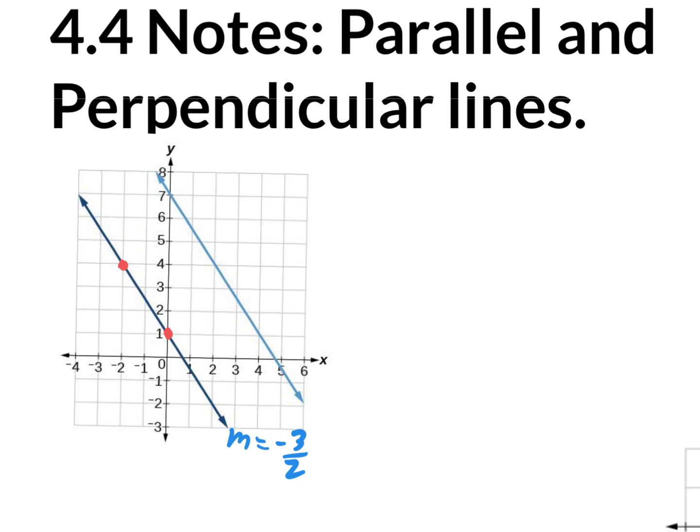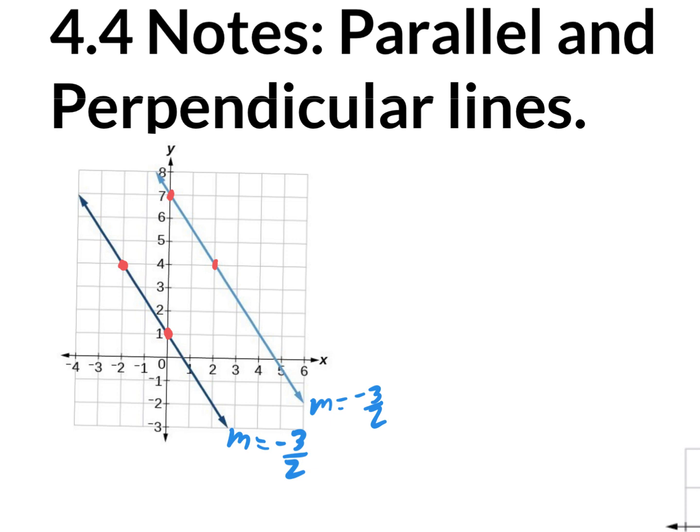And on this one over here, if I pick nice points, this nice point up here, and then the next nice point right there, I'm going to put a dot right there. If I find the slope of these two dots, it goes down 1, 2, 3 over 1, 2. It's the same exact slope, okay? m equals -3 over 2.